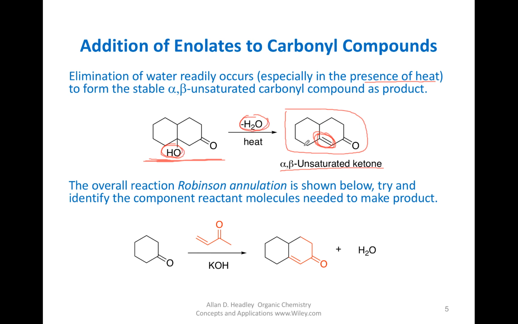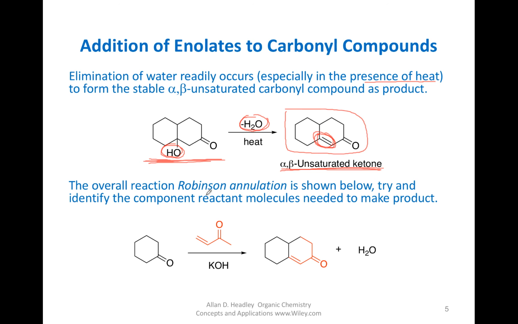As you know from resonance structures, whenever you have resonance structures where you can delocalize electrons across a number of atoms, that's a stable situation. That is why this product here is more stable than this product. So this readily happens.